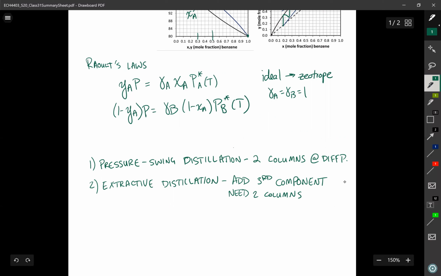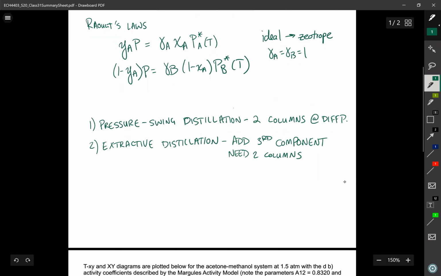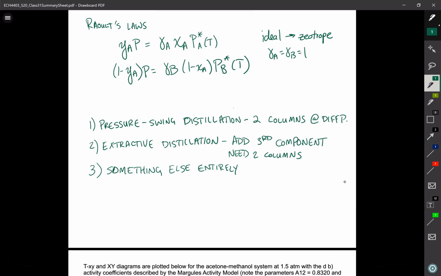And then another way to deal with azeotropes, I'm going to be very, very broad and vague here and say something else entirely. In other words, don't lose sight of the fact that we have not gone through all of the topics of distillation, all the topics of separation. You're not even close. And hopefully you're seeing the breadth of this field of study as you do your research for your class project.